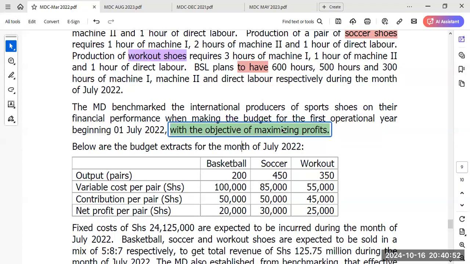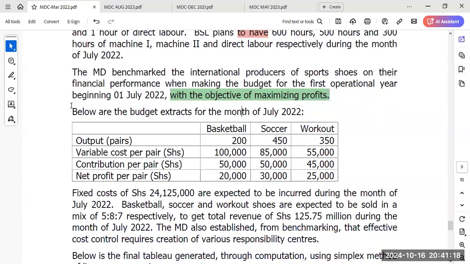So it means that as you state your objective function, here the aim is to maximize profit, not to minimize costs. And once you realize that the question is saying you maximize profit, which function are you going to make? Do you have profits in the question or not?